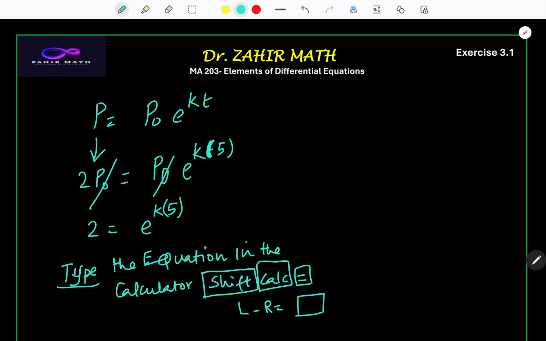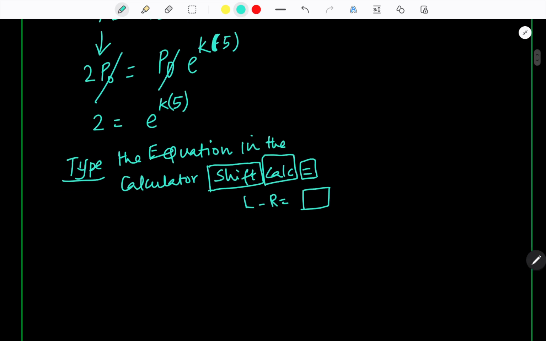So let me check this also in the calculator, right? 2 alpha equals alpha e power. K is not there, so you have to use x, which is 5 alpha x. Where is x? Yes, here. Then use shift calc equal.